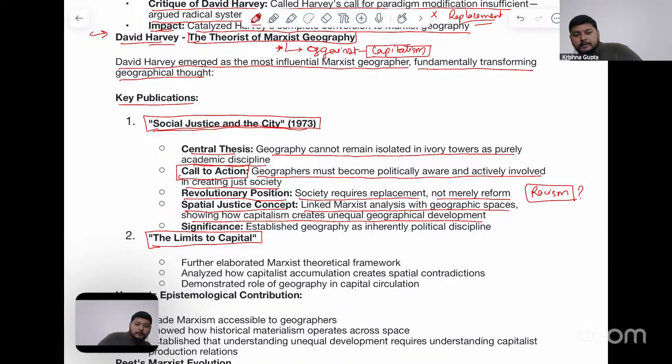Do provide your responses in the comment box. If we make this session an interactive session, we will be able to understand the phenomena in a better way.